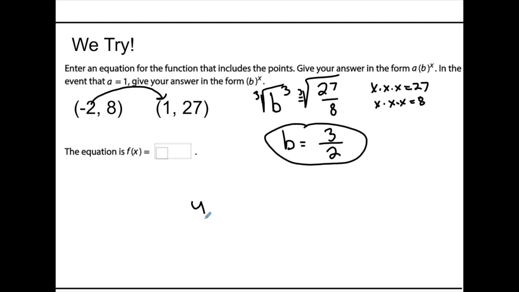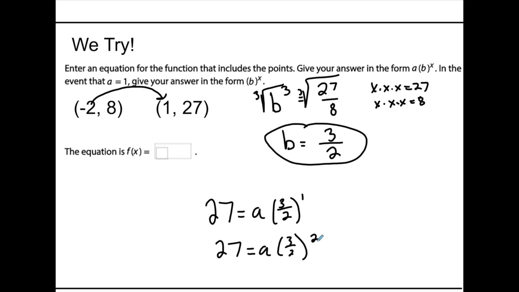And so now we again plug in. So not y. Let's plug in 1 and 27. So 27 is equal to a times 3/2 to the power of 1. So 27 is equal to a times 3/2. So to cancel the 3/2, I multiply by 2/3.